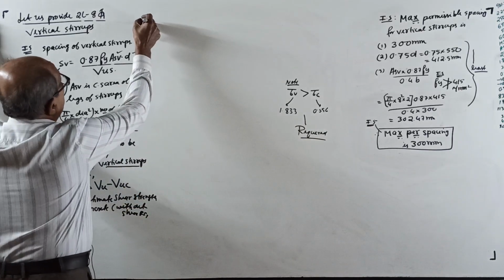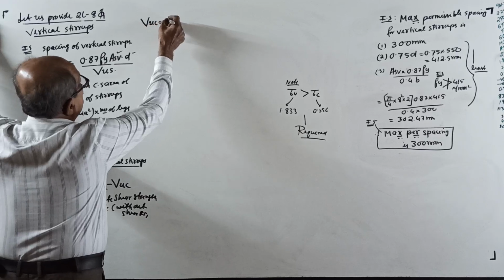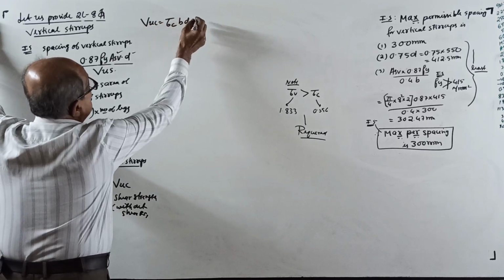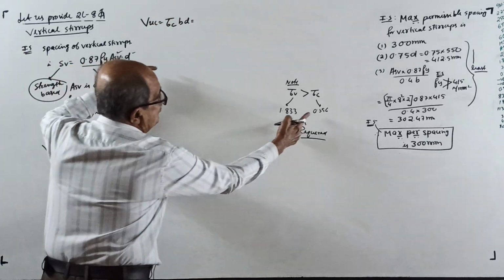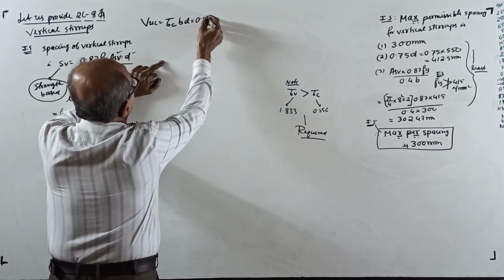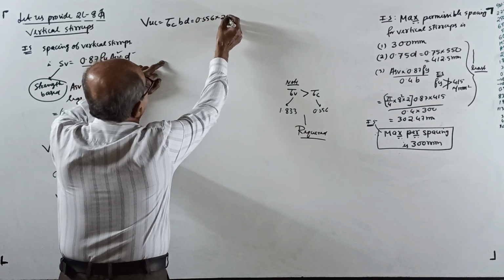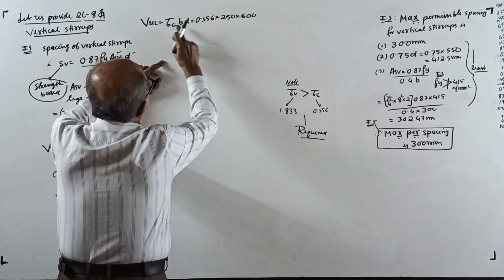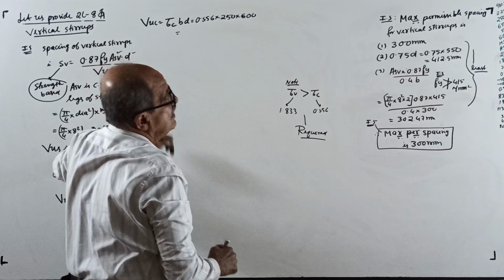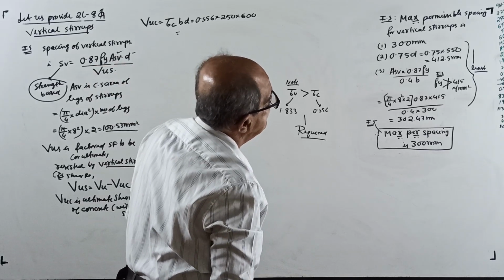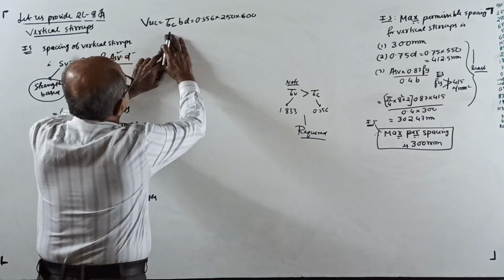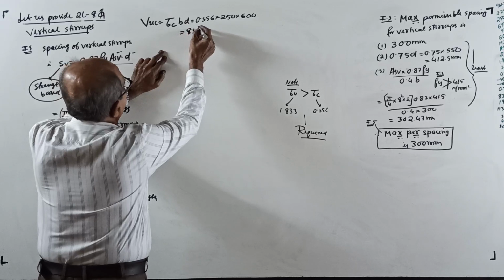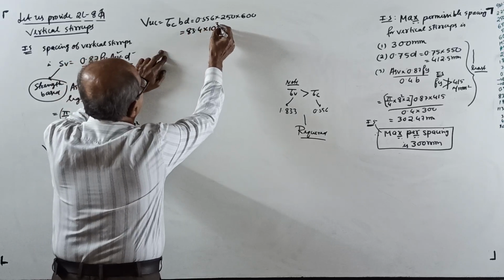I already told VUC equal to tau C into b d, equal to 0.556 into 250 into 600. Newton per mm square into mm square will come VUC, which is 83.4 into 10 to the power 3 Newton.